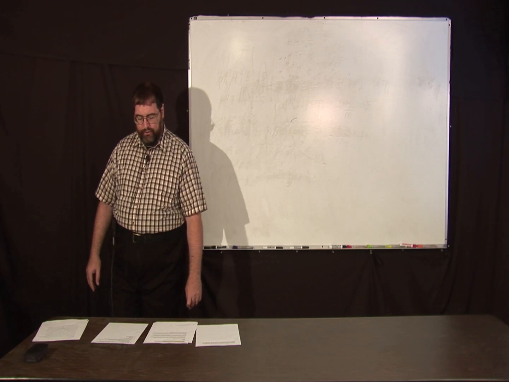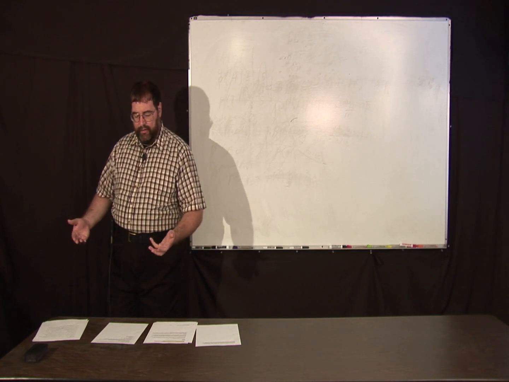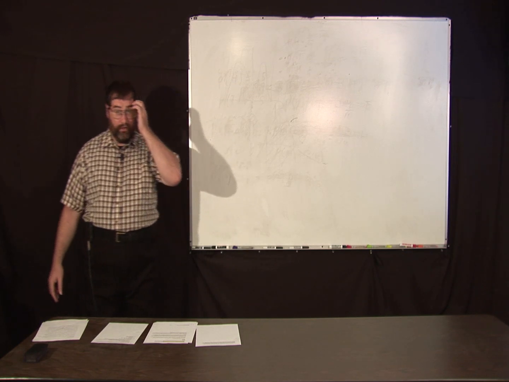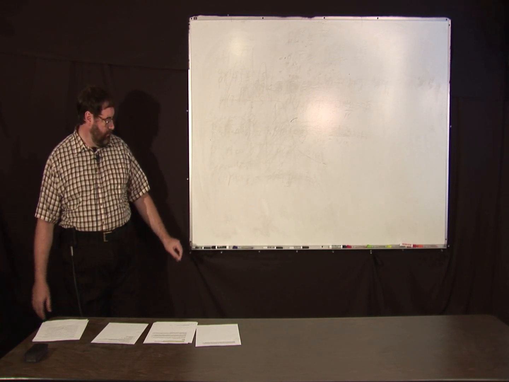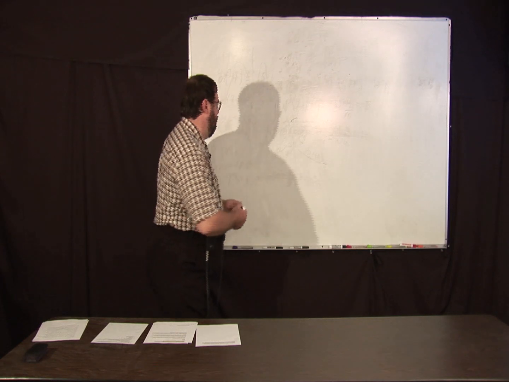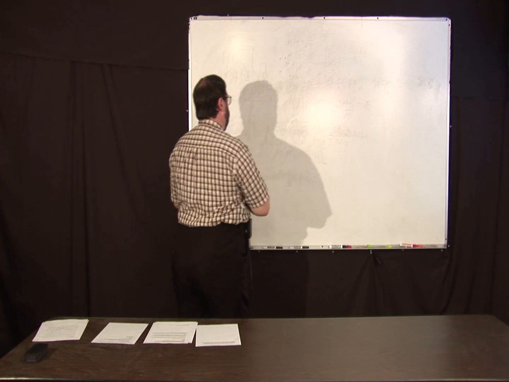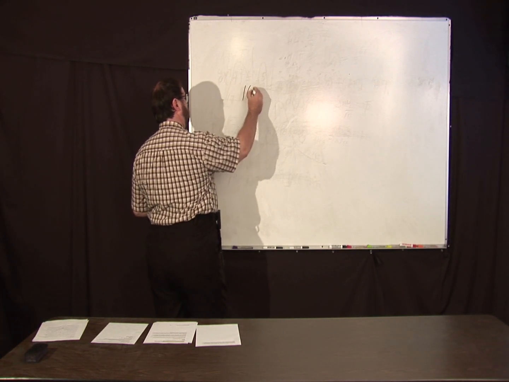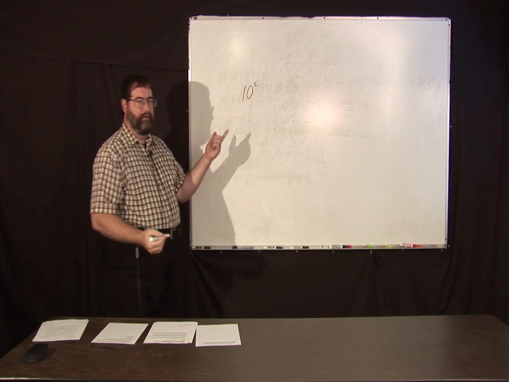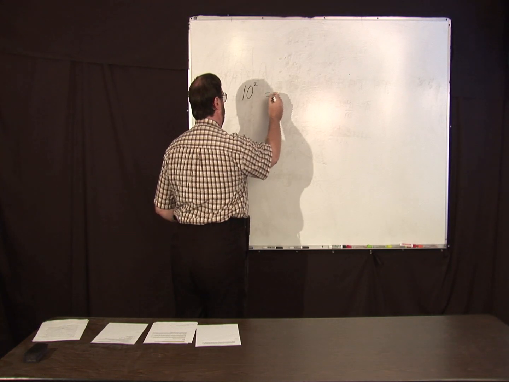But before we get into what the decibel is, let's get into what the logarithm is. We know what taking something to a power is, like 10 squared is 100. It's 10 times 10.